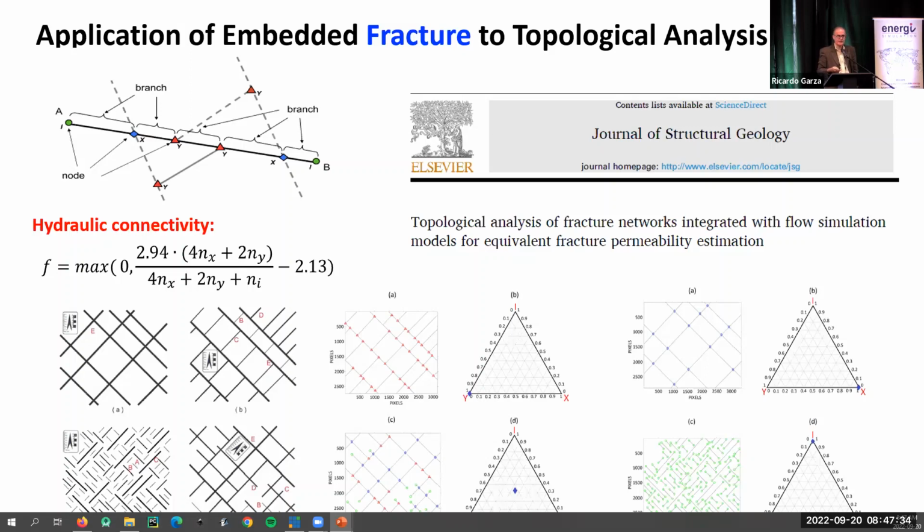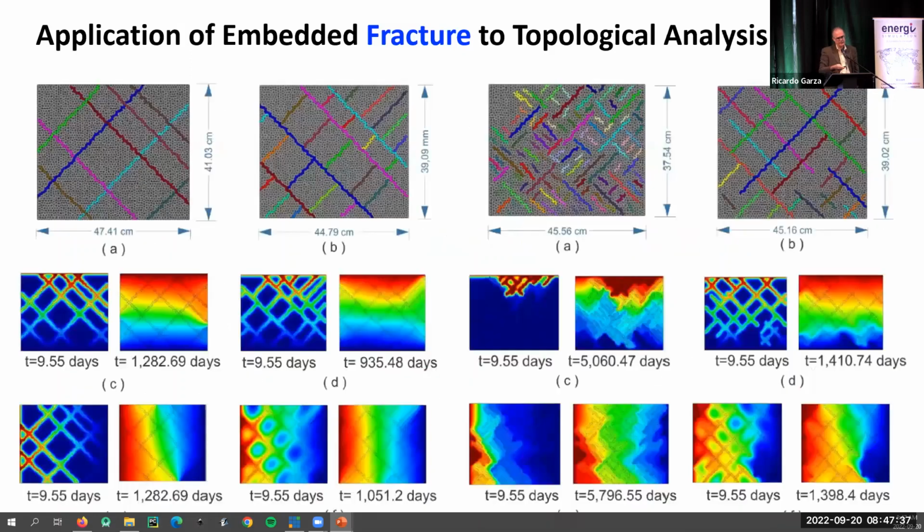Of course, we apply the upscaling for different types of fracture networks with predominance of X terminations, Y and I terminations, and we combine them, trying to understand how these intersections influence the equivalent permeability of the medium.